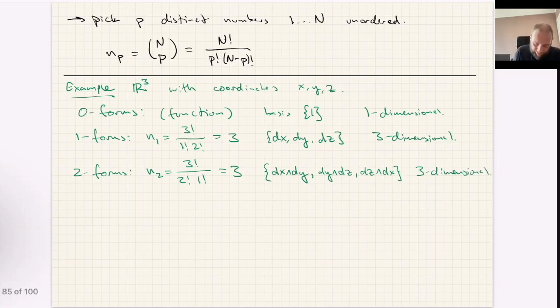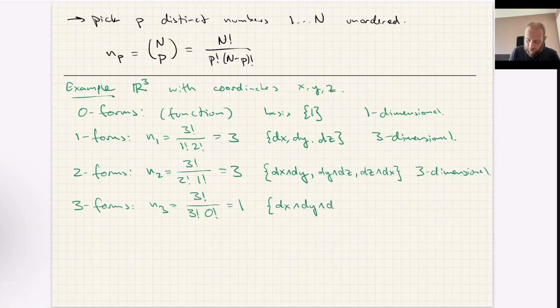And finally, the three-forms, n_3, that's 3 factorial divided by 3 factorial multiplied by 0 factorial, that's 1. So there is only one basis element, and that's selecting 3 out of 3 elements: x, y, z, so dx, dy, dz.